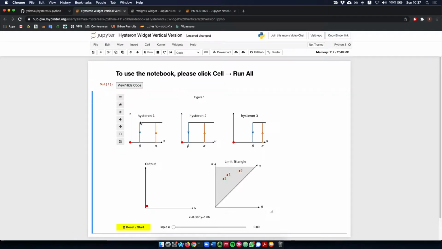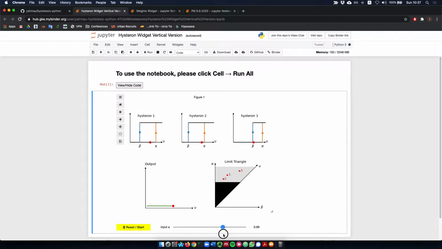Here we see that we have three hysterons, hysteron 1, 2, and 3, together with our limiting triangle and a graph of output against input. With this widget, you also have a slider where you can change the value of the input, and we can start moving that along.